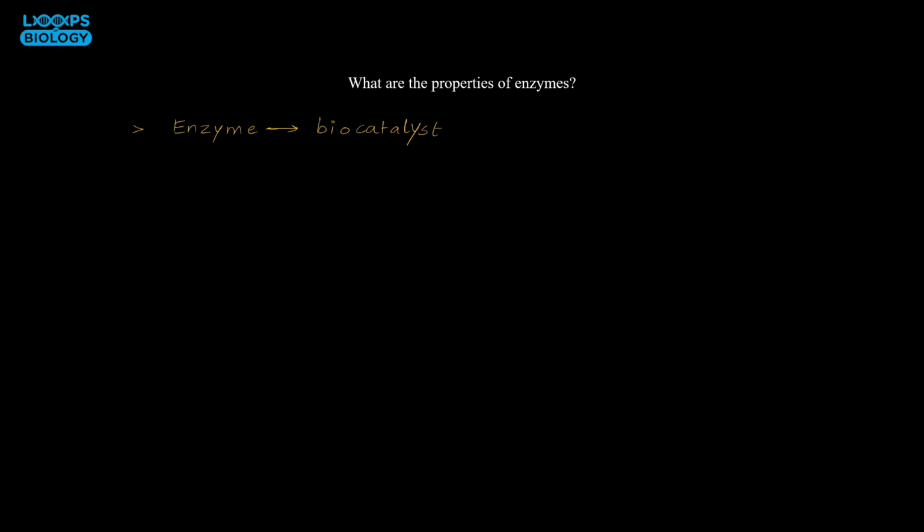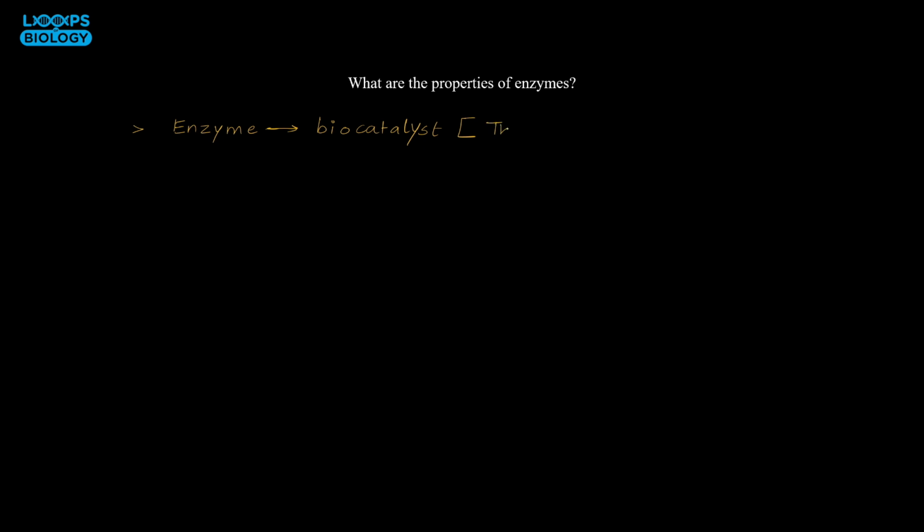I have told you in the last lecture that a catalyst is just speeding up the chemical reactions. So whatever the biological reactions are taking place inside a body or any organism, those reactions are basically sped up.